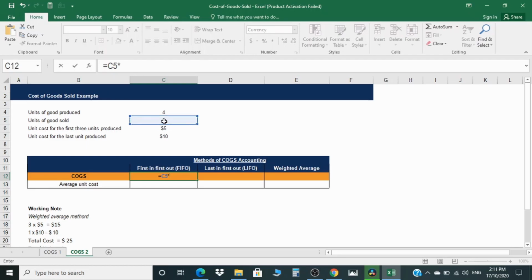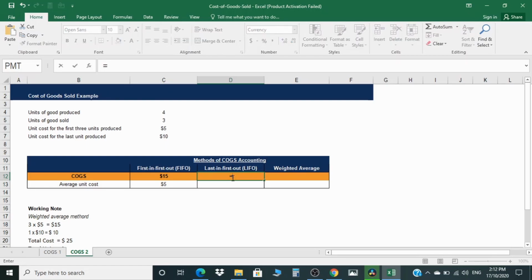How much is the price for the first 3? $5. So you get your answer: $15 is the cost of goods sold for the first in first out method. What is the average unit cost? Just take the total cost of goods sold divided by 3, because you are selling 3 units, so the average should be 5.